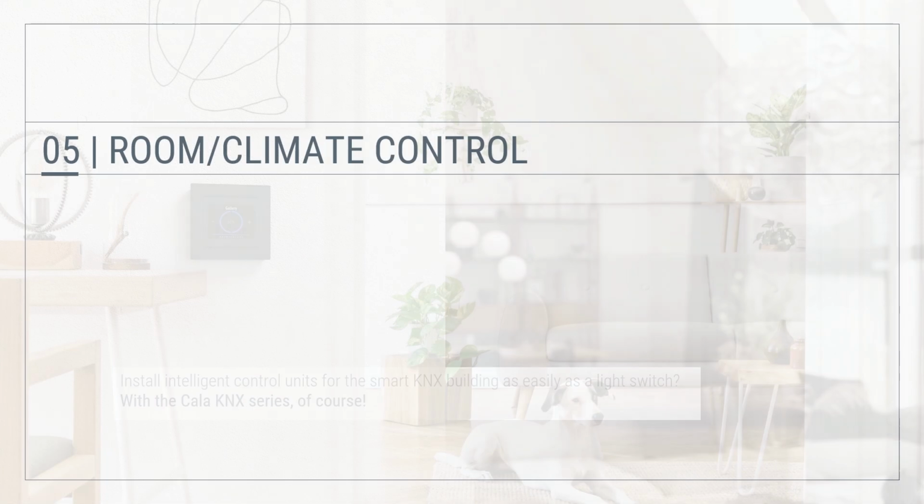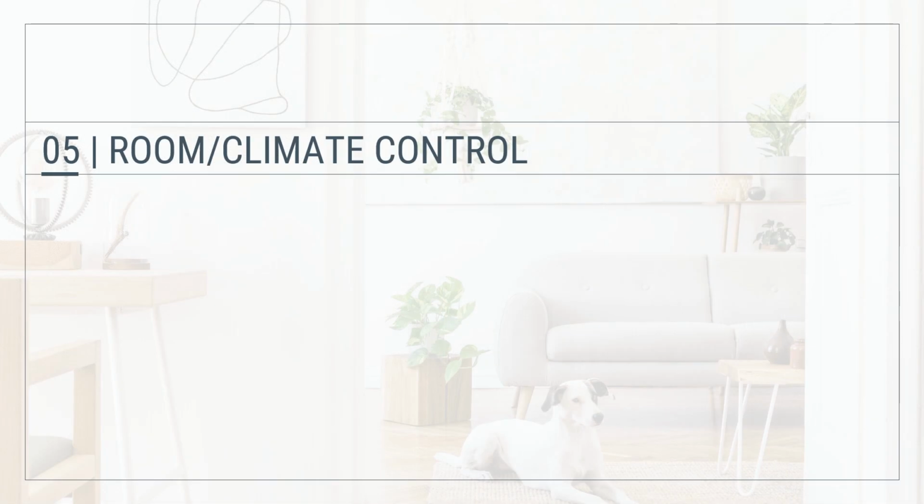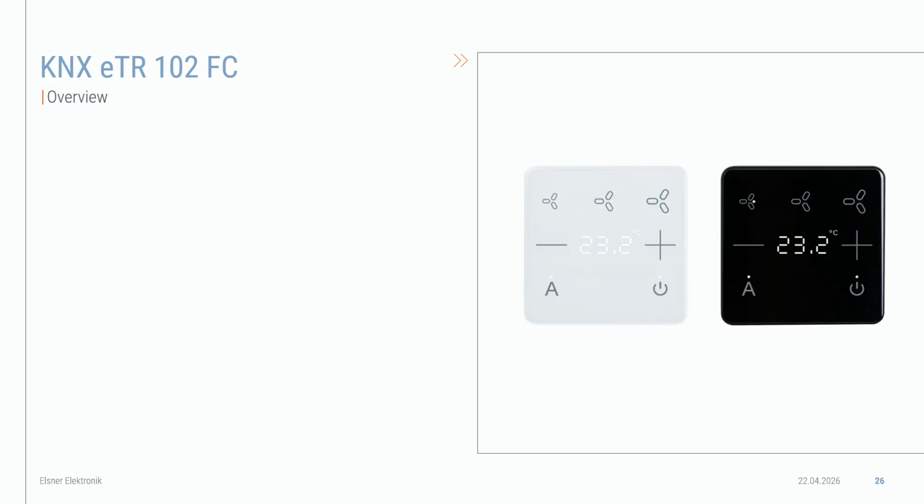The next topic, it's about room climate control. There I want to give you an overview of different controller devices. Earlier we saw the ETR 102FC, which we have here in the pictures. The KNX ETR 102FC is a room climate controller thermostat, specifically designed for controlling fan coil units.